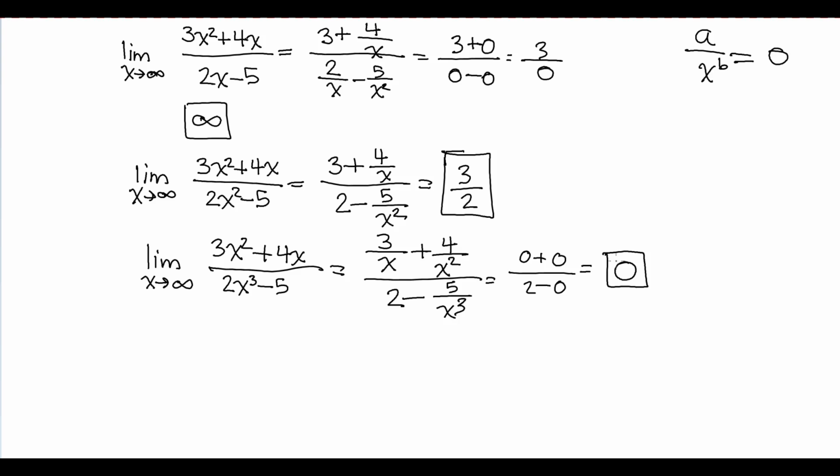Okay? Now, there are some cases where you have to approach negative infinity. However, the case is pretty much the same, because negative infinity, regardless of 1 over x, for example, will just be negative 1 over infinity, which is negative 0, which is just 0.